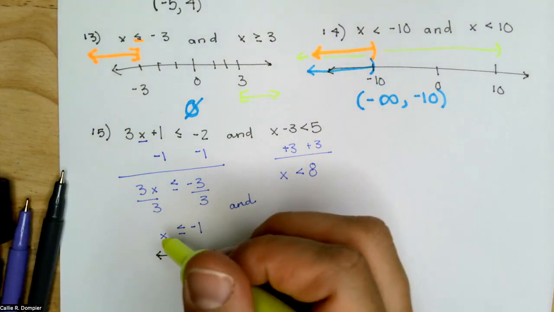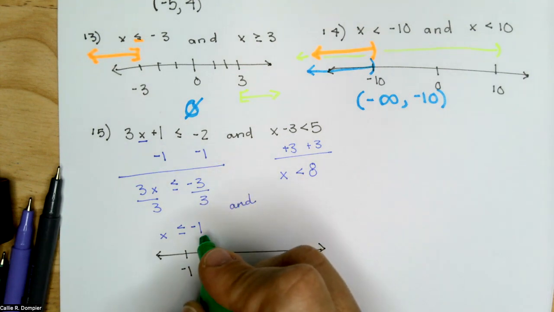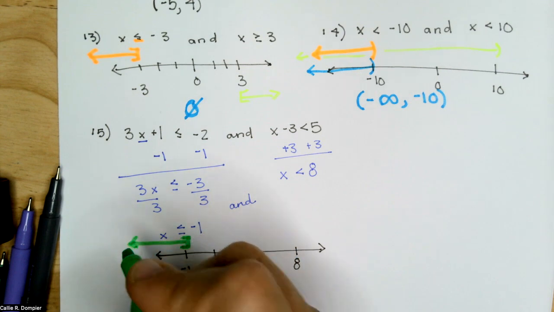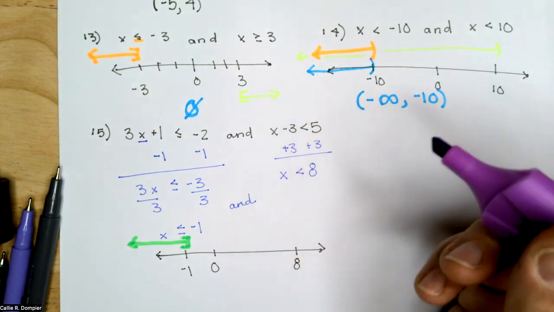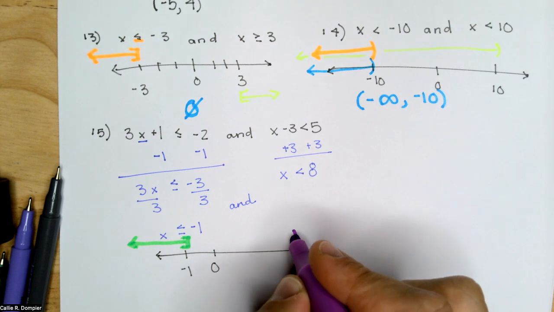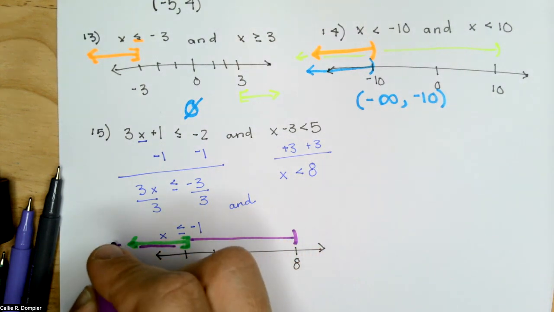So my first one is x is less than or equal to negative 1. I'm going to use a bit brighter color. Less than or equal to means I'm going to use a bracket and I'm going to go in the negative infinity direction. And then x is less than 8. So that is a parenthesis. And I'm going to also go in the less than direction.